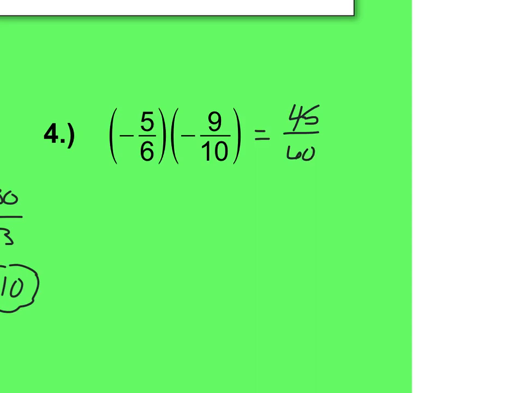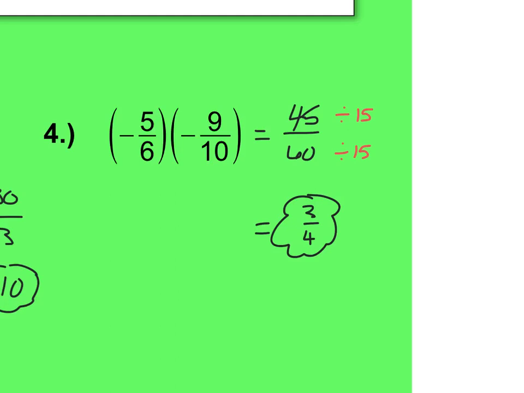That can be simplified. 15 goes into both the numerator and the denominator, and it simplifies down to 3 over 4. And again, it's positive because both signs were negative, and when you multiply two negatives, you get a positive. All right, that's the first part of the lesson.